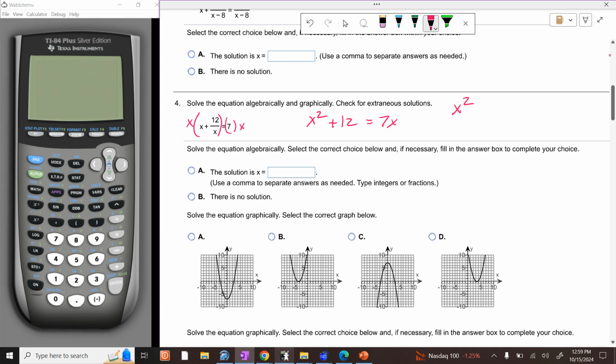So x squared minus 7x plus 12 equals 0. What are two numbers that add up to be -7 and multiply to be 12?